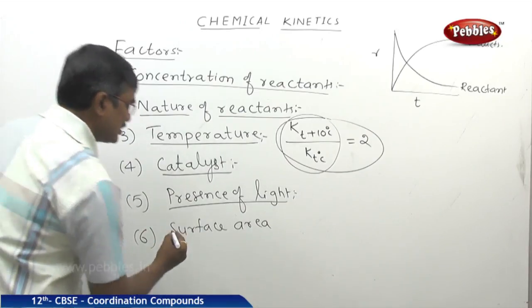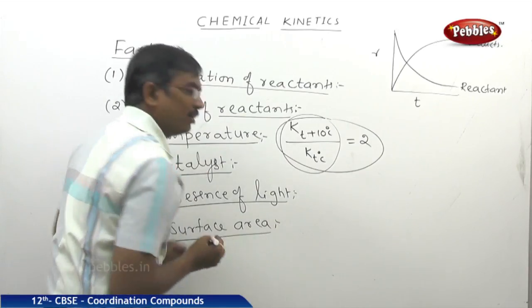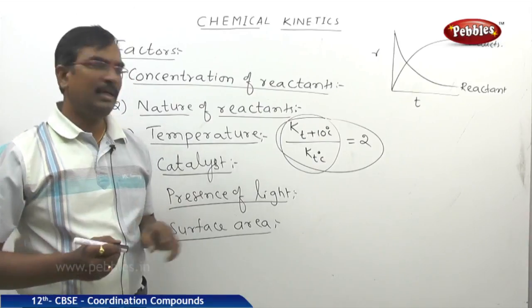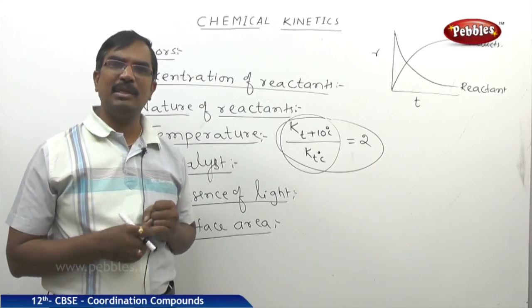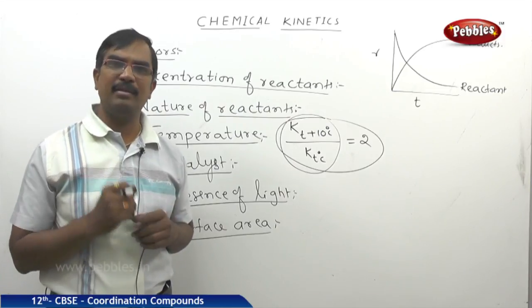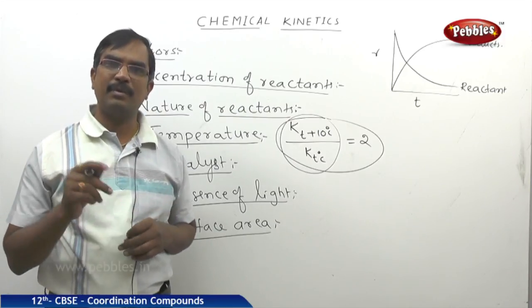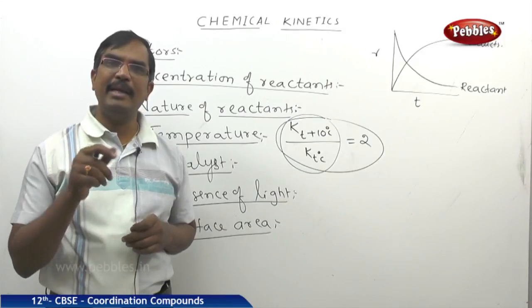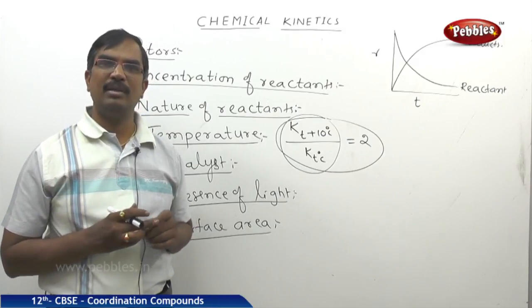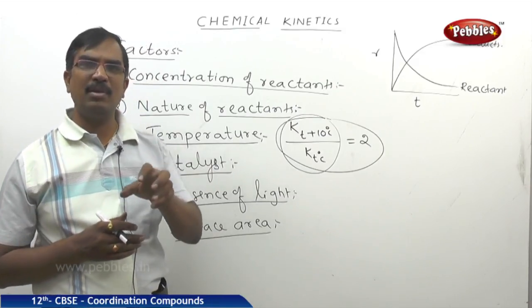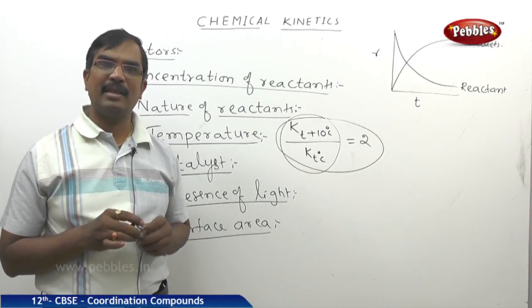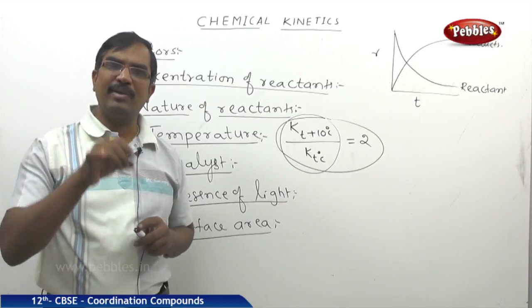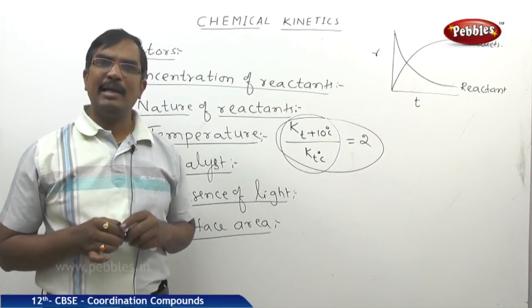At the same time, the surface area of the catalyst matters. As I told you just now, in the Haber's process we use finely divided iron. In the contact process, we use vanadium pentoxide, V2O5. Why do we have to use a finely divided catalyst?